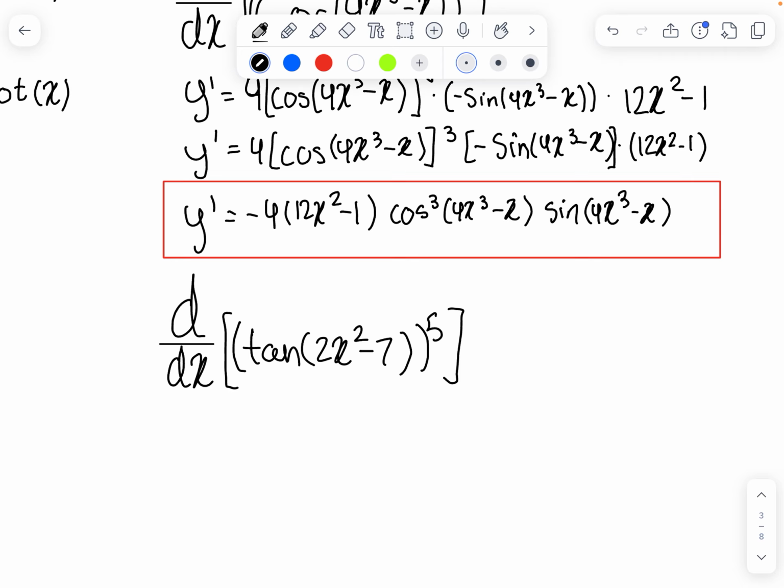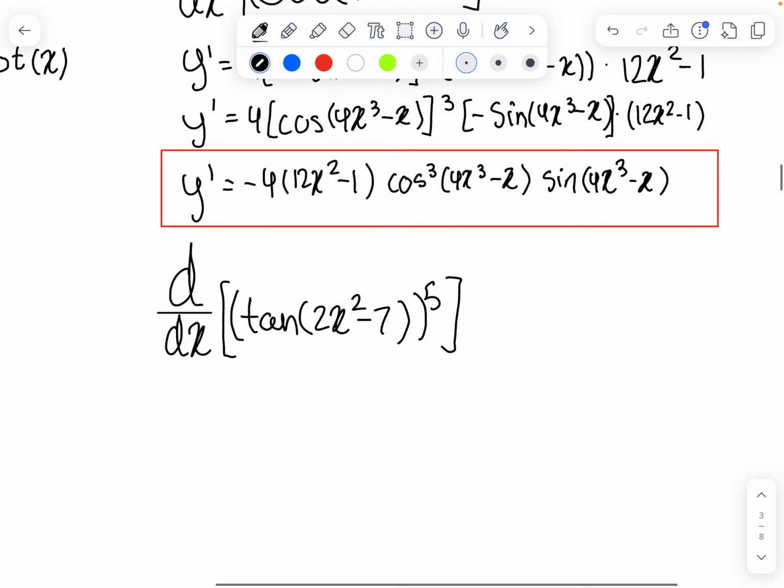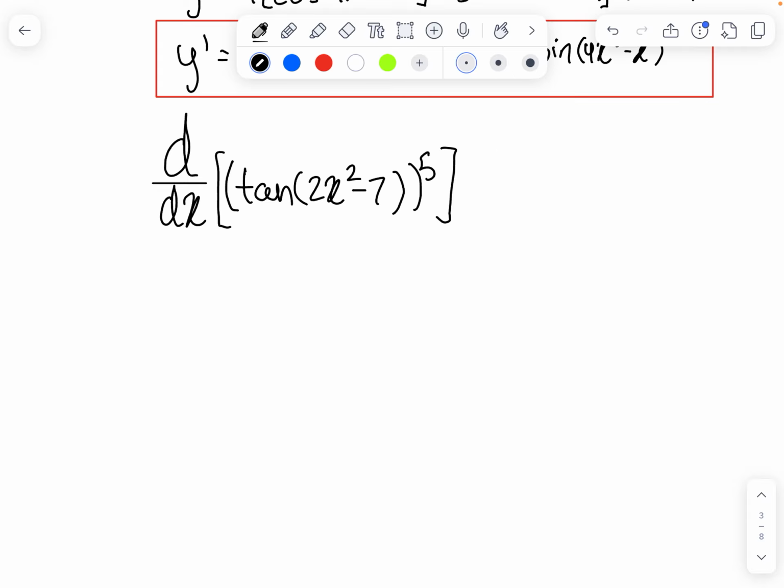Okay, so as always, work outside in. So you have to apply the power rule. So then that would be 5, right, 5, oh yeah, tangent of 2x squared minus 7 to the power of 5.